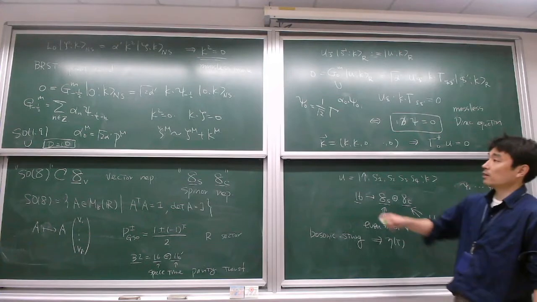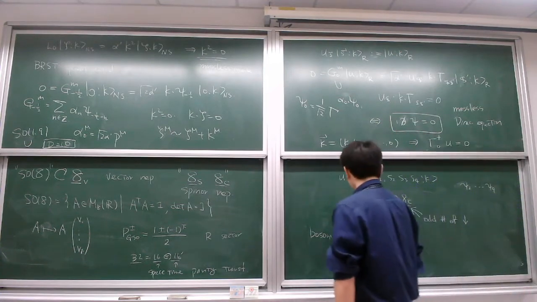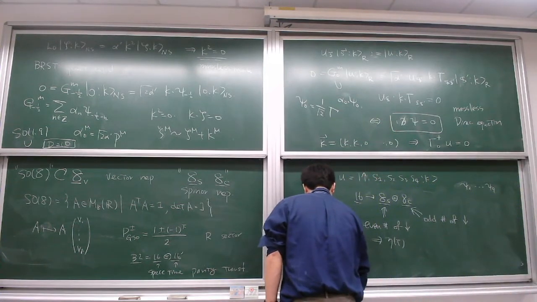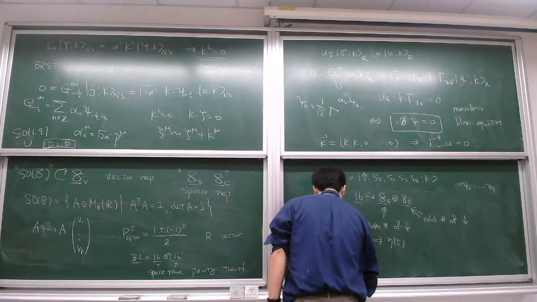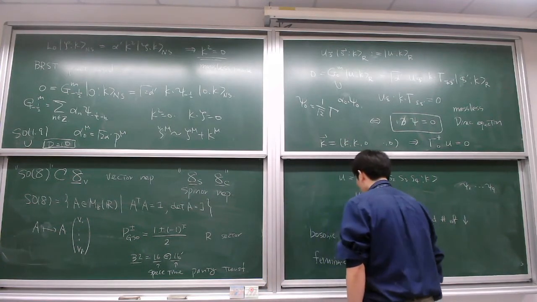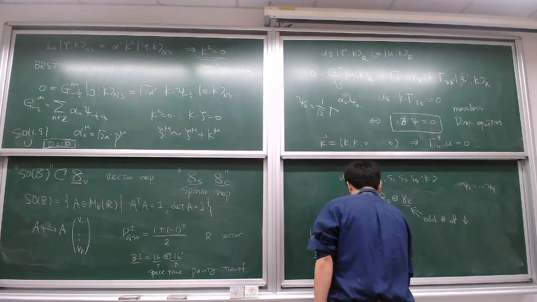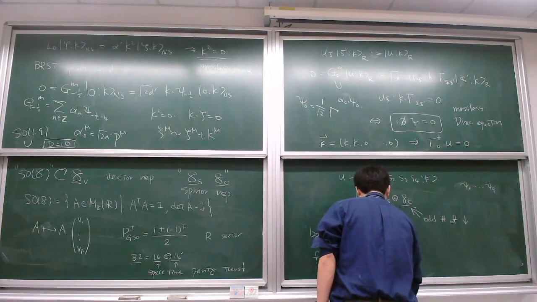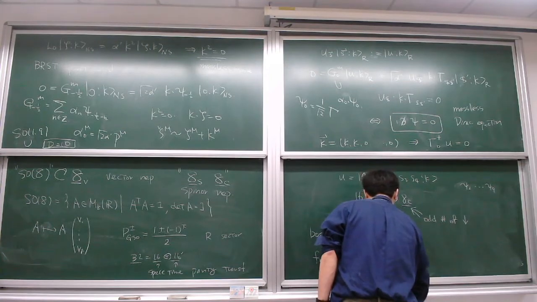And now we have the fermionic degrees of freedom. The superstring will give you the so-called Jacobi theta functions, theta 1, 2, 3, 4.